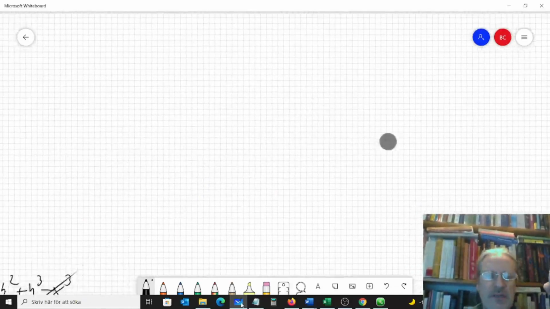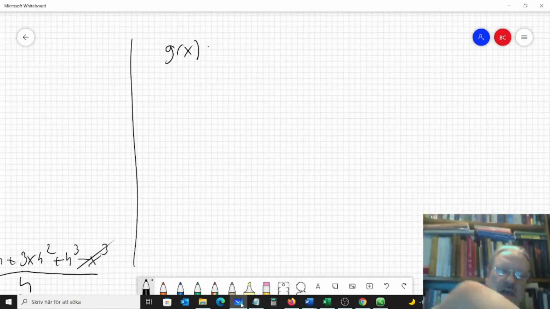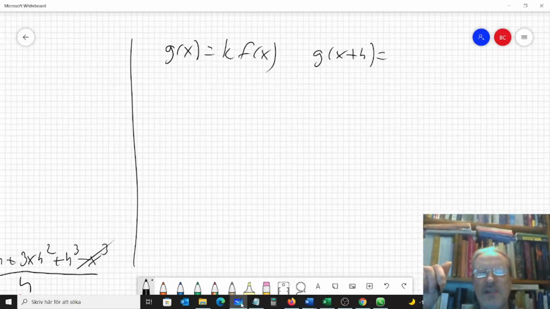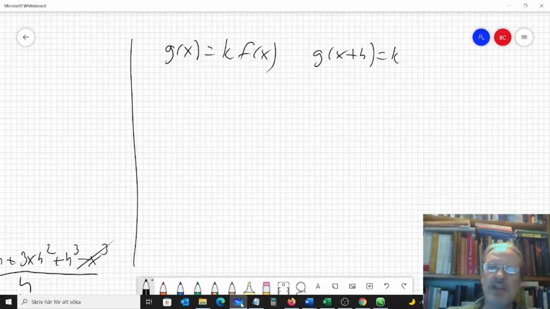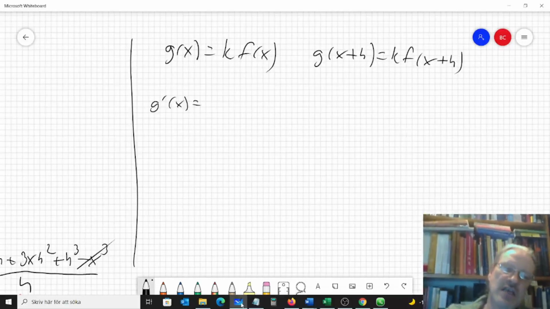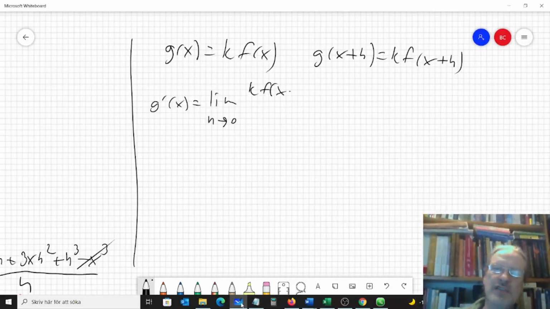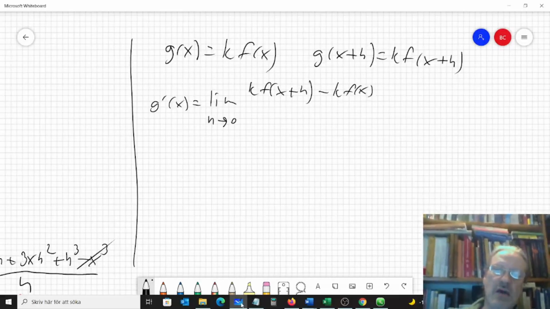If we look at some more general things, let's say we have another function, g of x, that is a constant times f of x. That means that g of x plus h equals constant times f of x plus h. So our derivative of g of x now, so g prime of x, equals the limit as h goes to 0 of a constant times f of x plus h minus a constant times f of x over h.